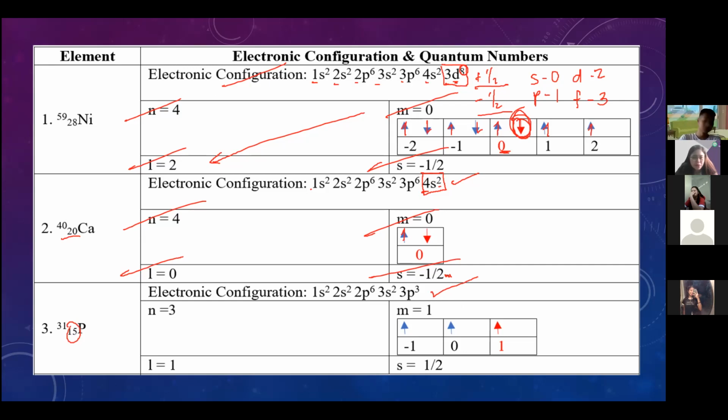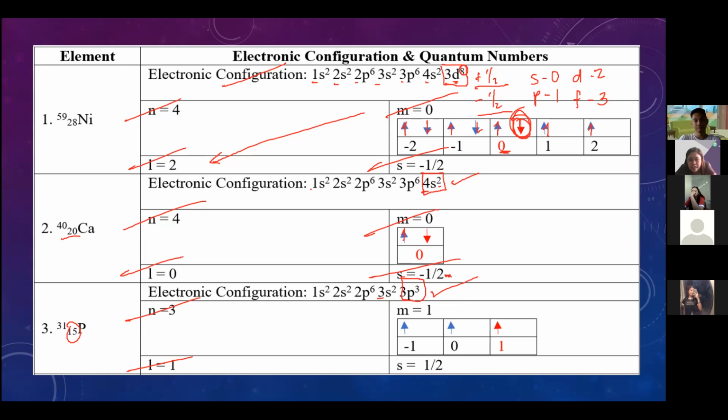Now, for the principal quantum number, yes, the largest there is 3. We have 2 3s here. You don't add that, ha? 3 lang talaga siya. So, the last configuration, that's 3p3. P is represented by the number 1. Now, for the magnetic quantum number, P has 3 orbitals.